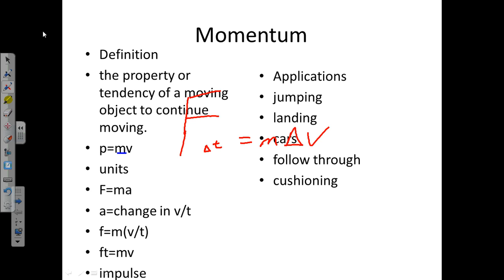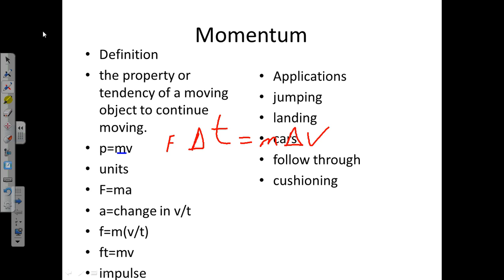But on the other hand, let's say you're smart enough to know that when you jump from a high distance like that, you need to hit, and as you're stopping, you're bending your legs. Well, that makes this time be much bigger, the stopping time much bigger, which means the force required can be much smaller. So you can do that without being injured. It's the way airbags work.